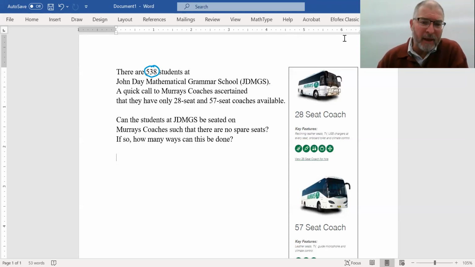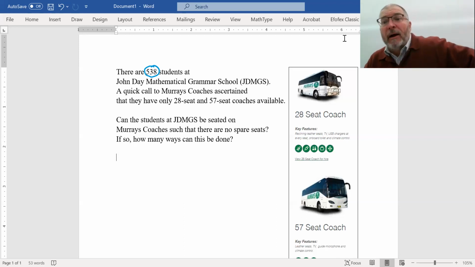The question's saying, can it be done? And if so, in how many ways can it be done? So guessing and checking might get you one way, if it can be done. But then you'll have to keep guessing, checking every possibility in the world to make sure you haven't missed other ways. Is there another mathematical way that we might go about this?